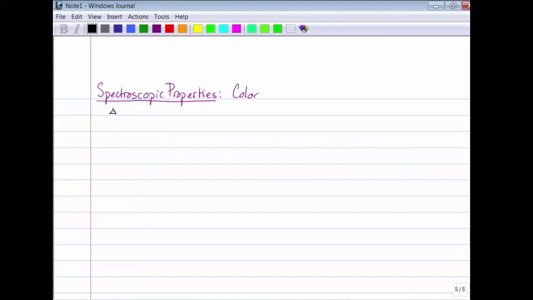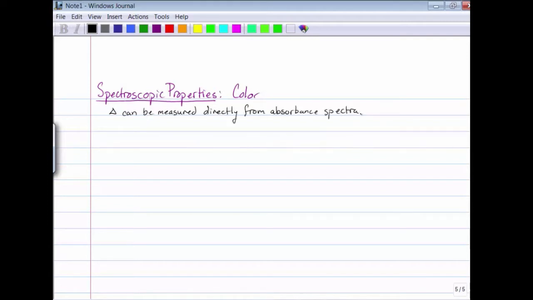We have white light in here, and when a complex absorbs a certain wavelength of light, you see a certain color. We can use that phenomenon to actually measure delta. So delta can be measured from absorbance spectra, or you can estimate it based on the color of the compound.